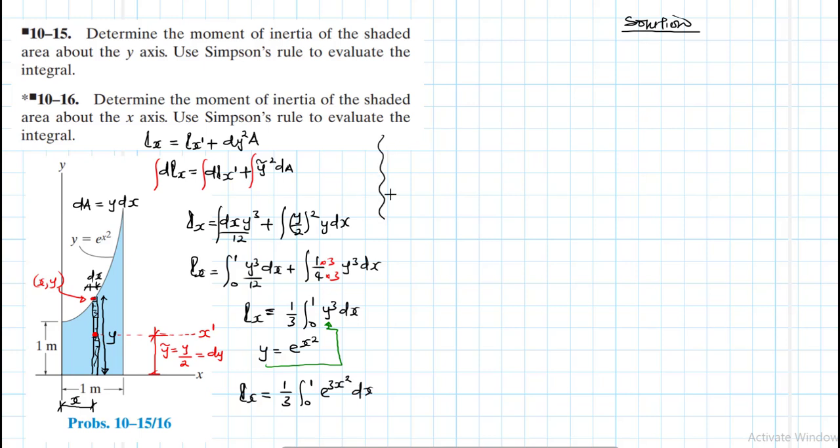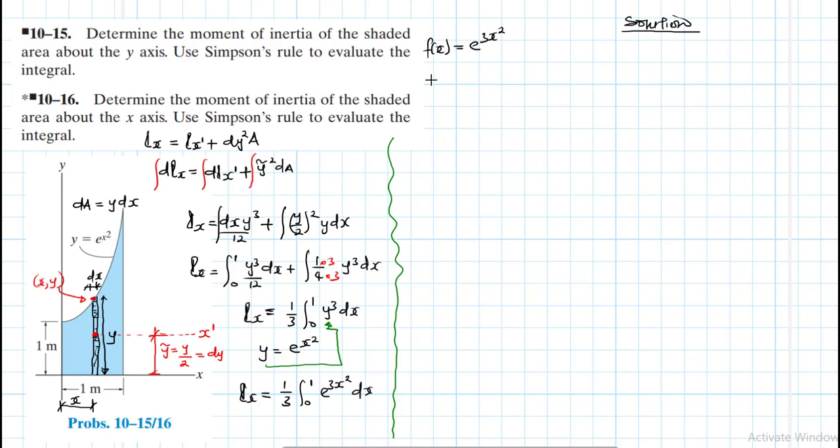Alright, so now we need to use the technique that was just recommended to us, which is Simpson's method. So our function f of x is equal to e to the power 3x squared.